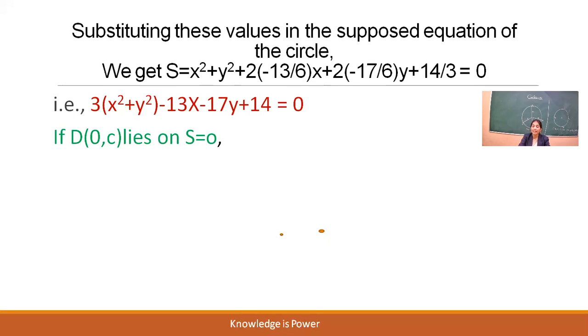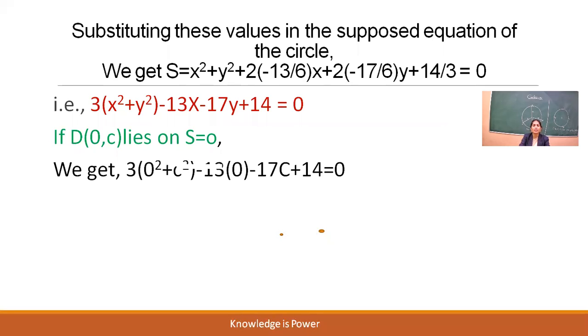But our aim is not to find the equation of the circle alone. We need to find out the unknown value of c. Remember? So this is the extra step that we need to do when comparing to the previous problem. We also had a point D (0, c) lying on S equal to 0. Why does D lie on S equal to 0? In the question it is not mentioned that D lies on S equal to 0.